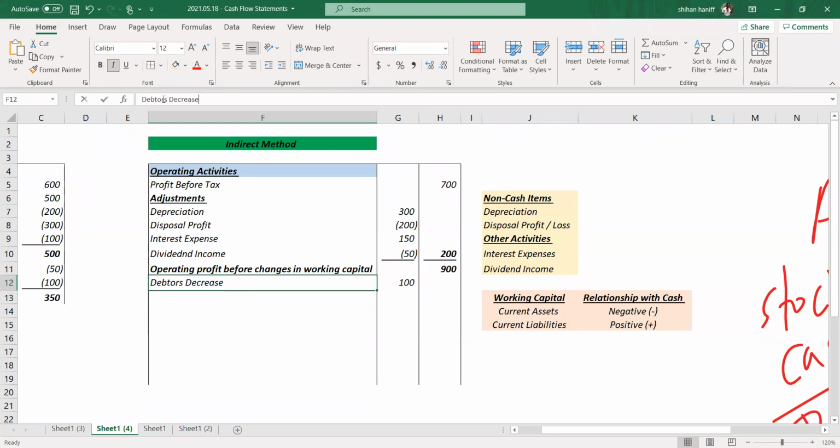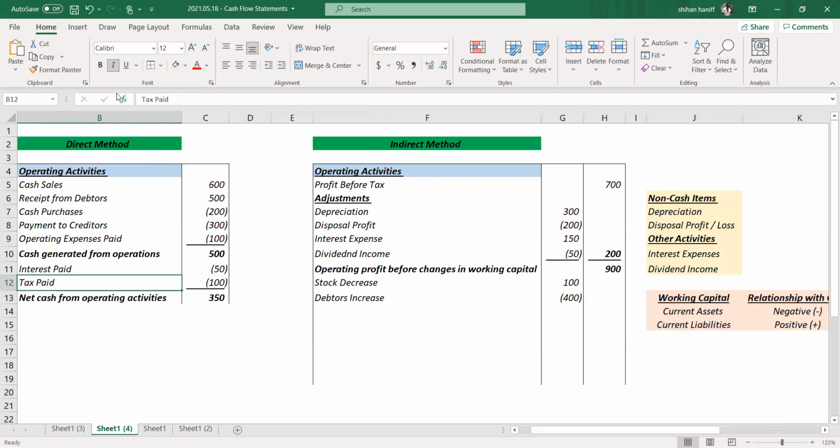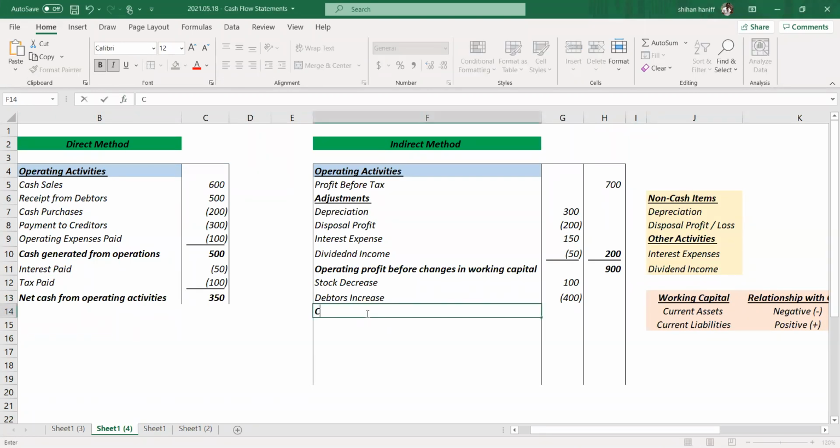Start with stock. Stock decrease. Then the debtors increase. Increase means minus. Then we have creditors.